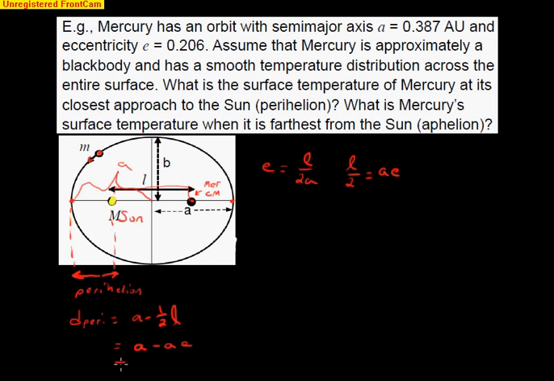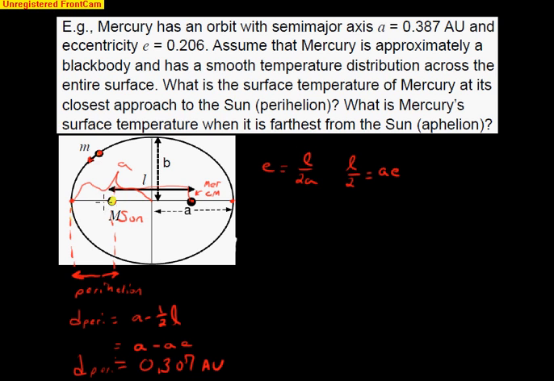And that works out to be 0.307, and this is in astronomical units. Okay, that is our distance from Mercury's closest approach.